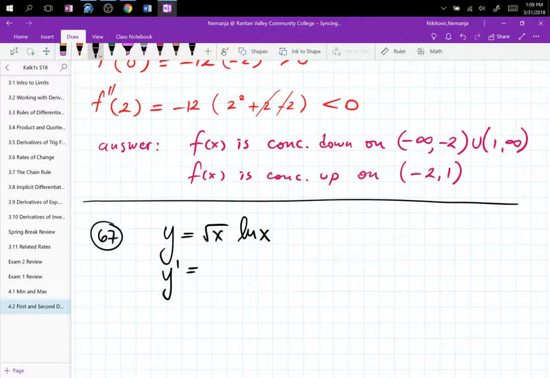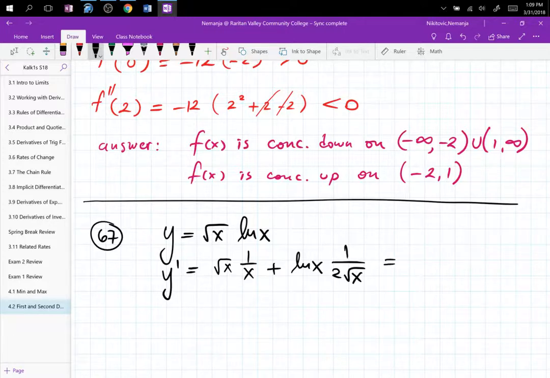So we have the product rule here. Copy the first times derivative of the second plus copy the second times derivative of the first. Fix it. Do not go and do two quotient rules now with the product rule or whatever, right? Fix it, simplify.